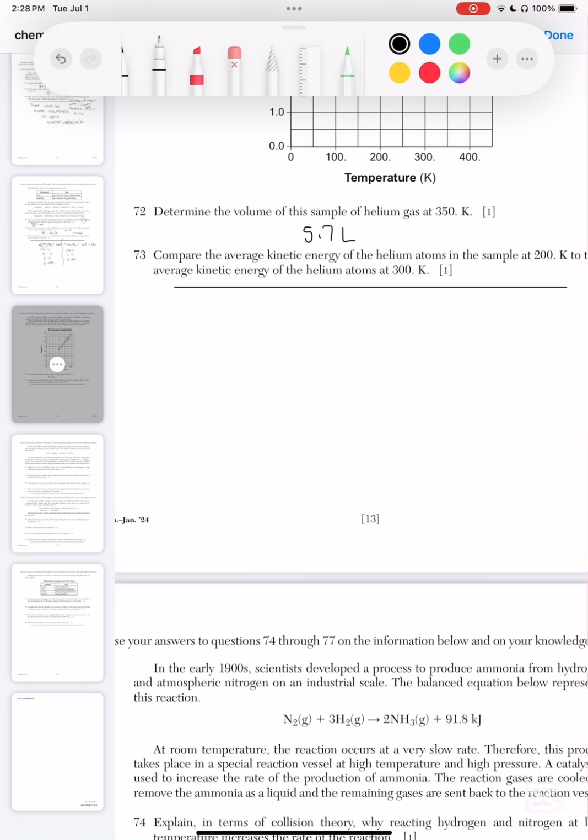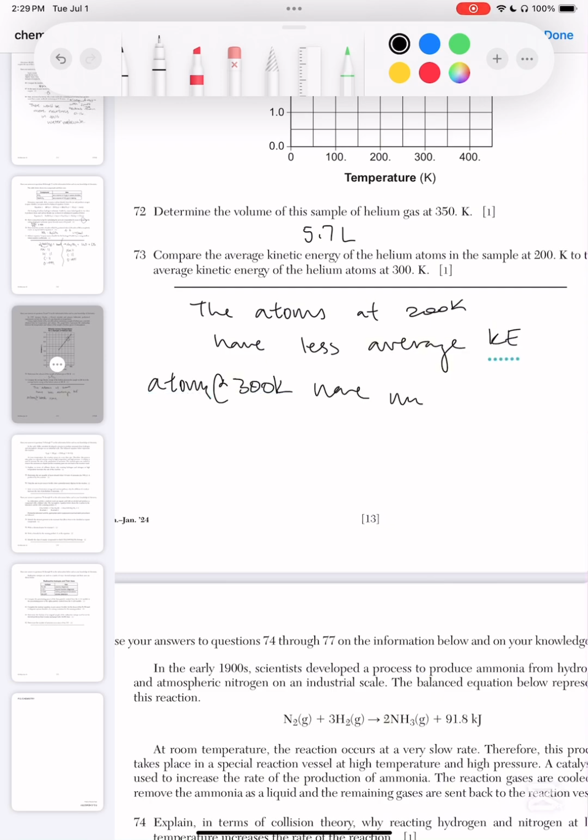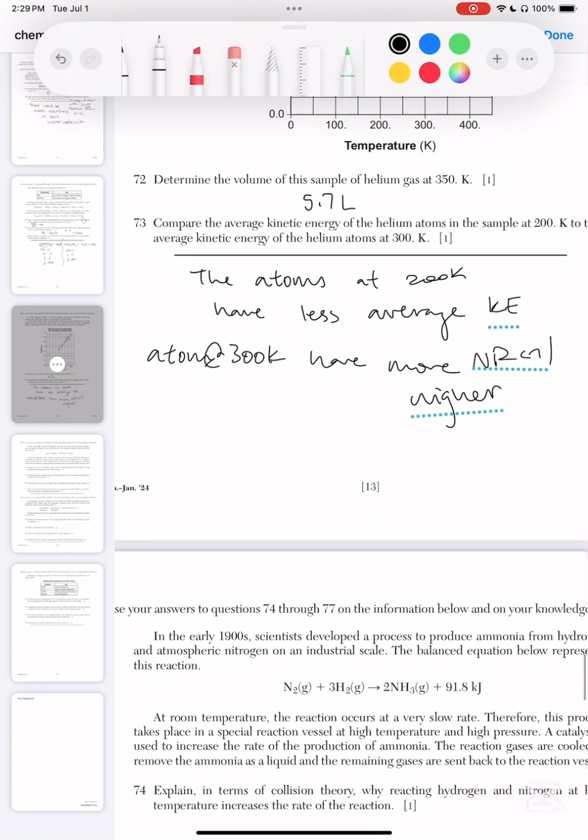So you can just say that the average kinetic energy of the helium atoms at 300 Kelvin is higher than the average kinetic energy of helium atoms at 200 Kelvin. And here I go writing it with different wordings so that you can pick which one you want to say.